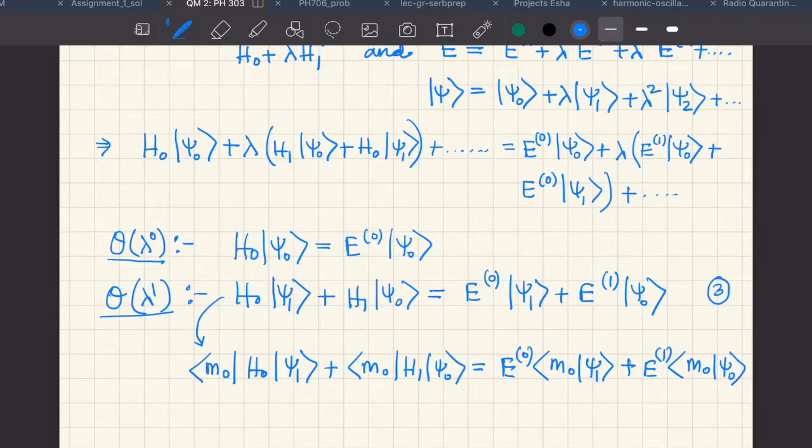And immediately, because H naught is Hermitian, this acts on bra m naught to give you E0 bra m naught. So this is going to give us E0 or E naught bra m naught ket psi 1.